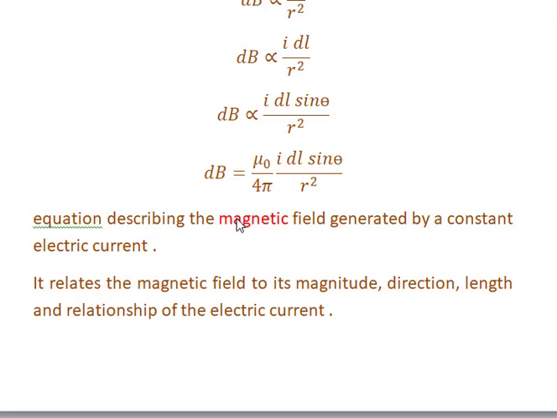This is the equation describing the magnetic field generated by a constant electric current. It is the magnetic field produced by the current passing through the wire. It relates the magnetic field to its magnitude, direction, length, and the relationship of electric current and magnetic field.